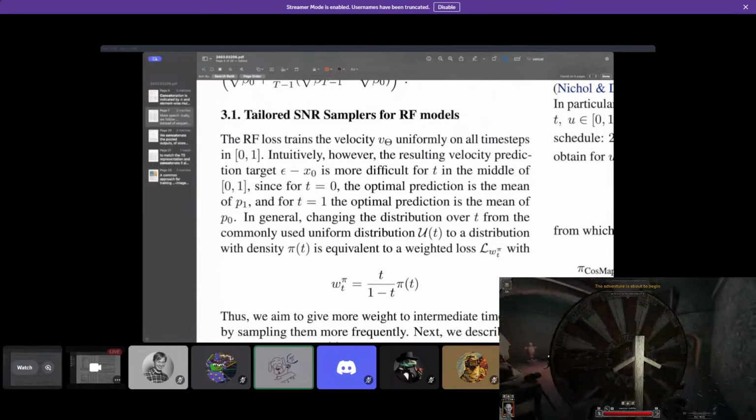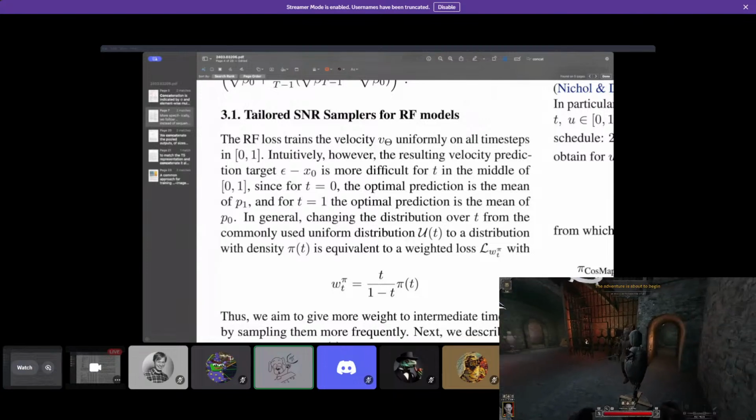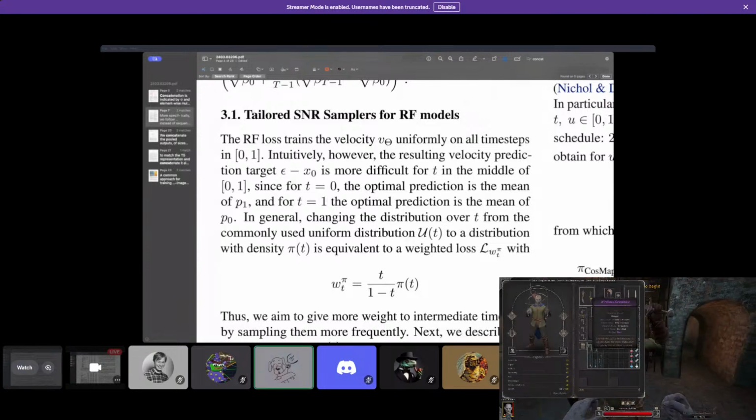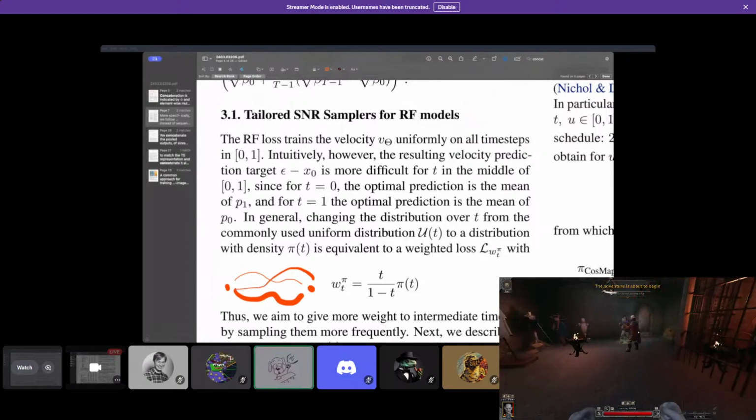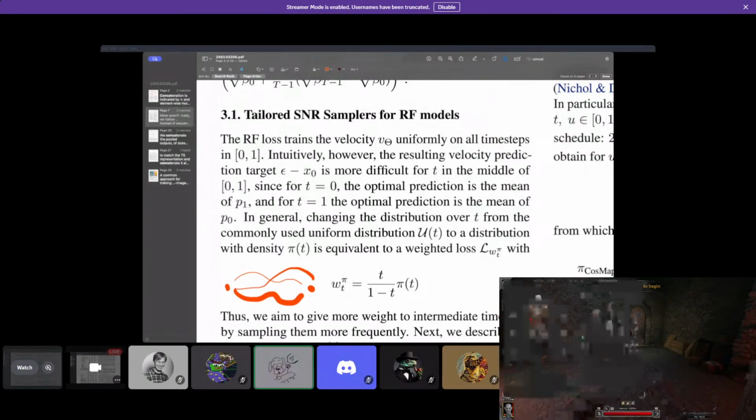The correct answer is kind of the same for all of the different trajectories, because if every trajectory starts and ends at the same location, and it's just about what path is taken, right, then the beginning and end are really easy to predict, and the middle is the hardest to predict. Makes sense.